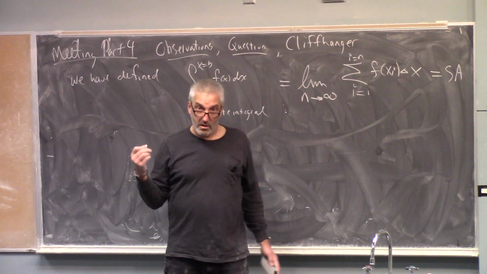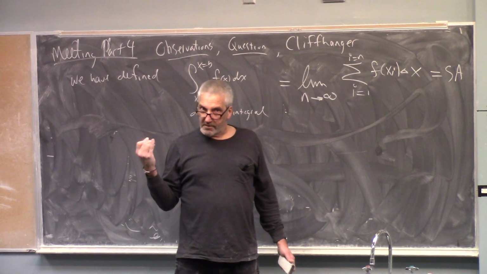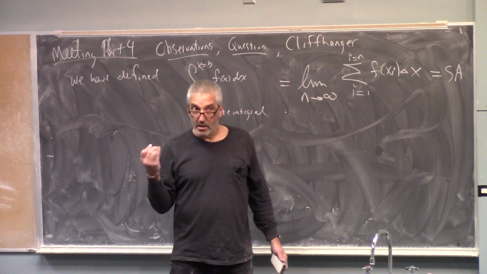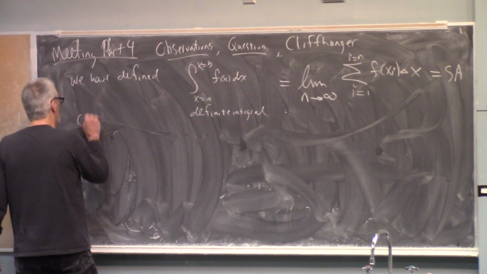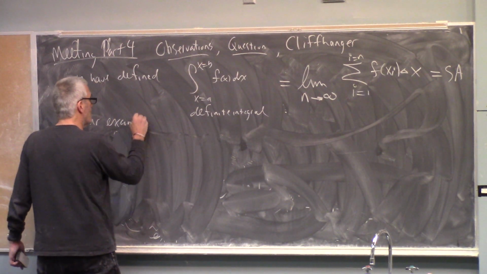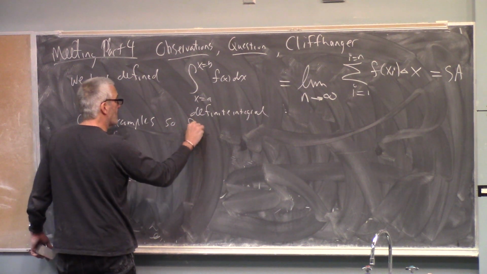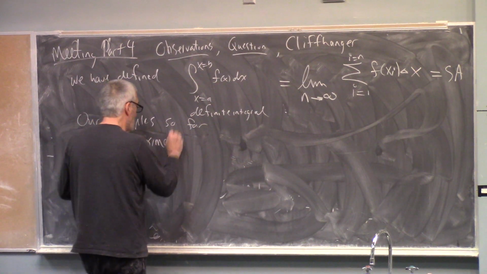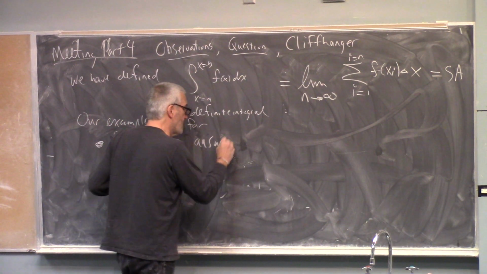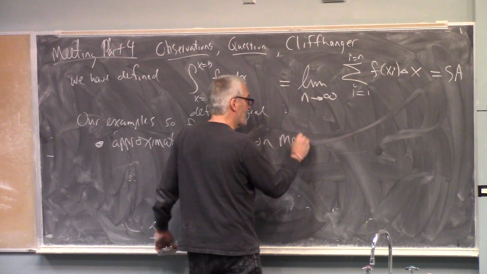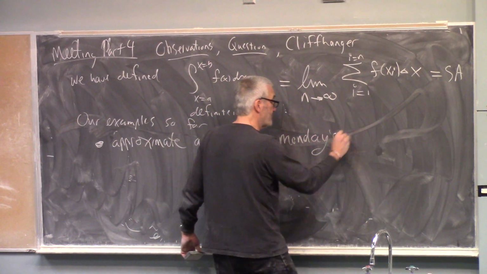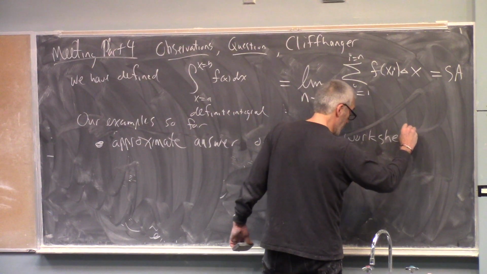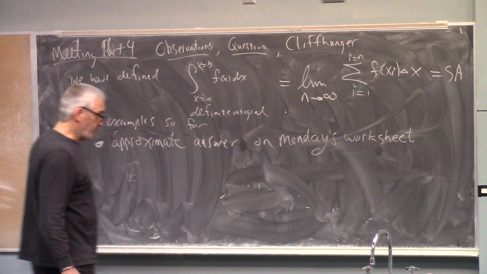Now, observation. So far, we've only done this in a couple of situations. We got an approximate answer using a computer on Monday, at the beginning of the hour today, where we were talking about the area under the graph of y equals 1 over x, and I said it was roughly 1.95.